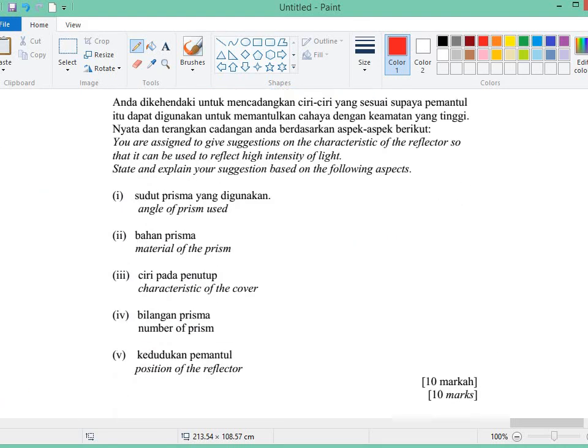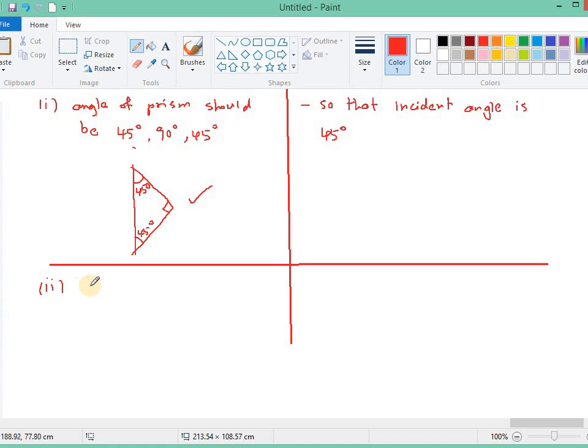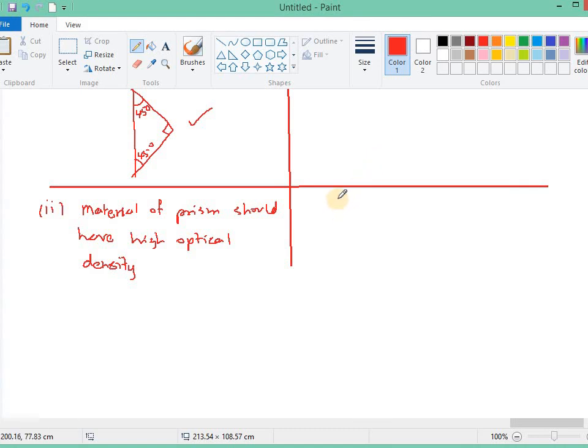Okay, so the second one is material of the prism. So material of prism should have high optical density. So you can say it has high optical density, or you can say that it has a high refractive index also can.